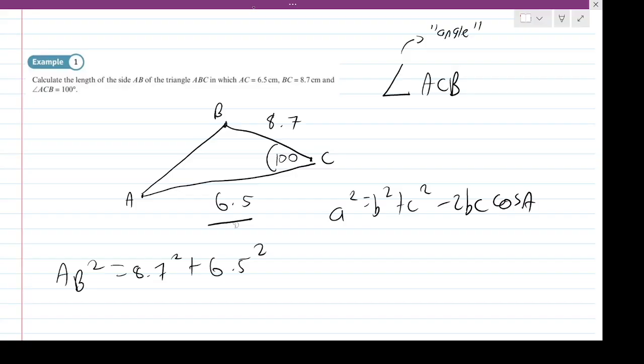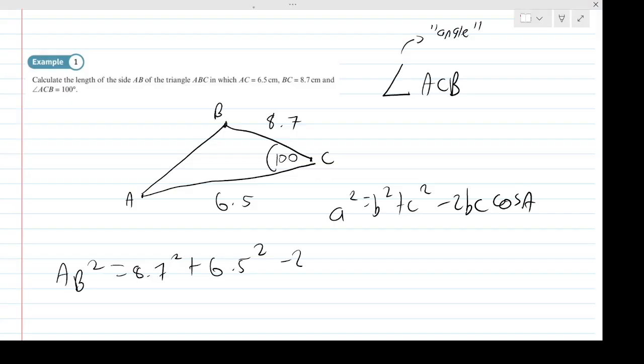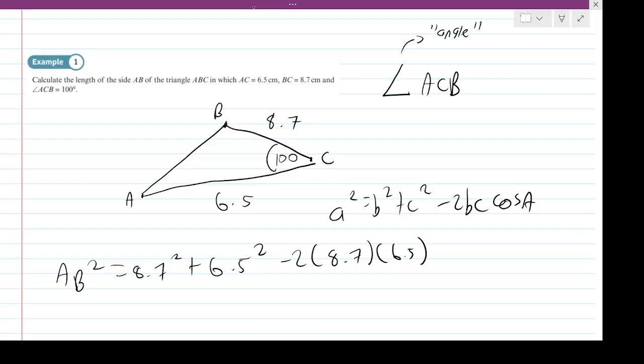Then we take away 2 times 8.7 times 6.5 times cosine of the angle 100. And so we just put it into the calculator.